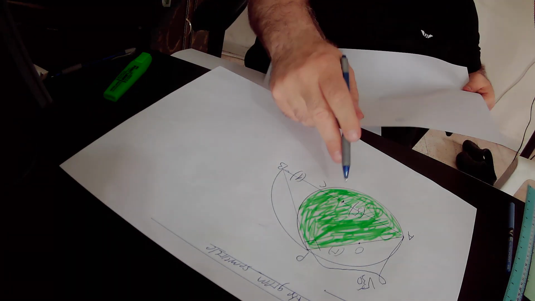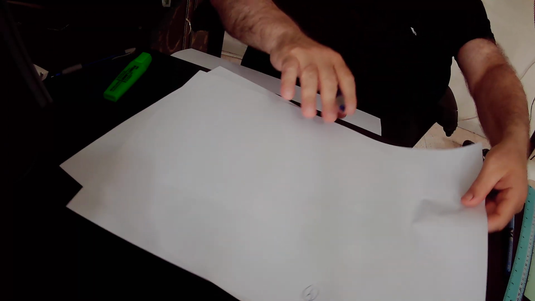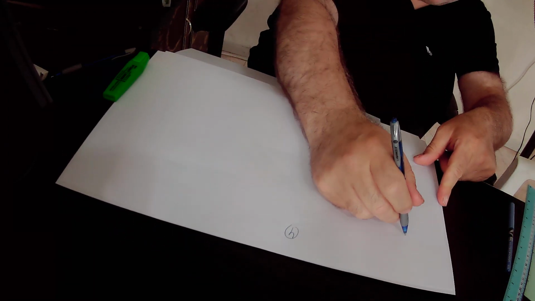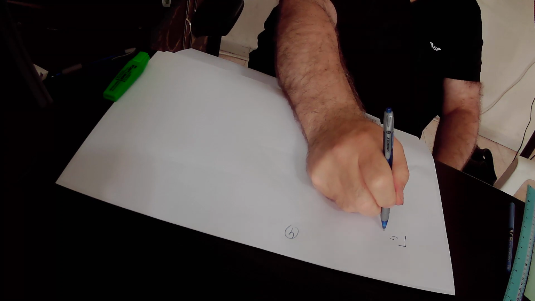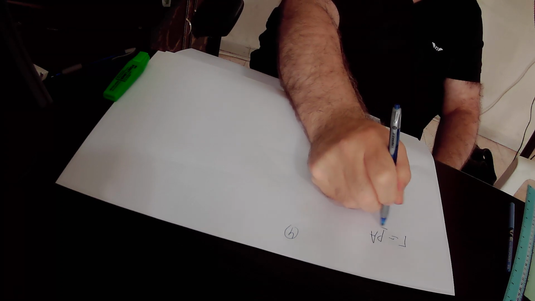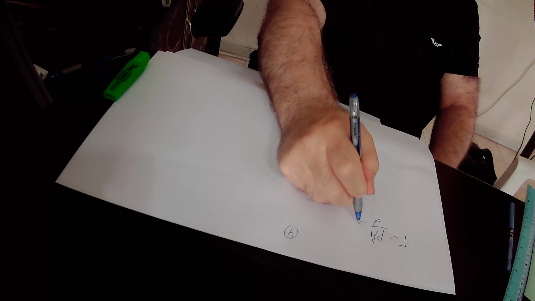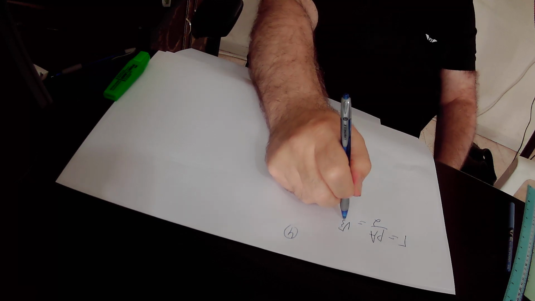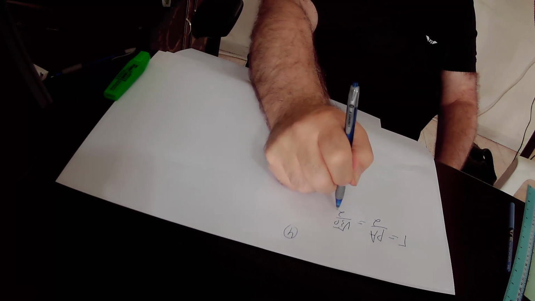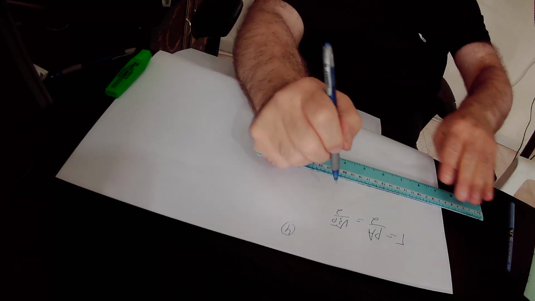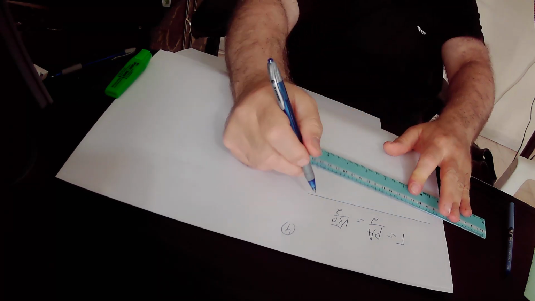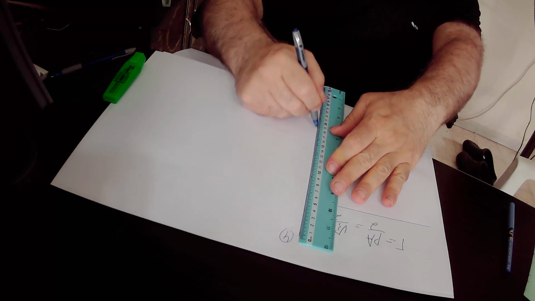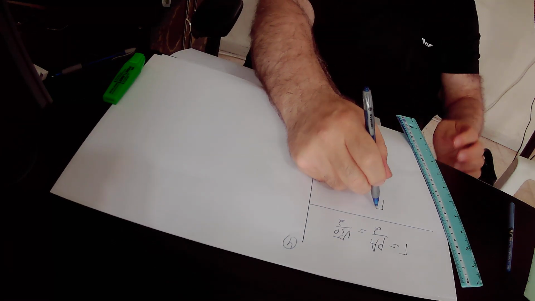We define the radius as R. So R equals PA over 2. The diameter PA is square root of 30, and therefore square root of 30 over 2 is the radius R. So in conclusion, the radius of the green semicircle R equals square root of 30 over 2.